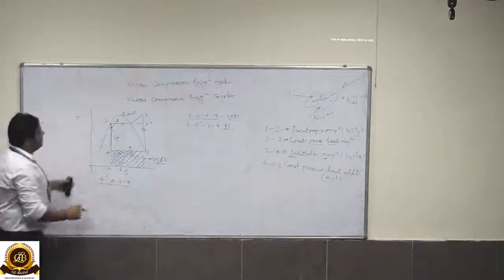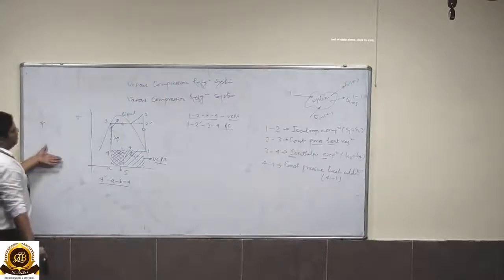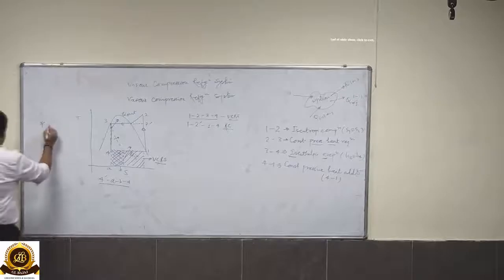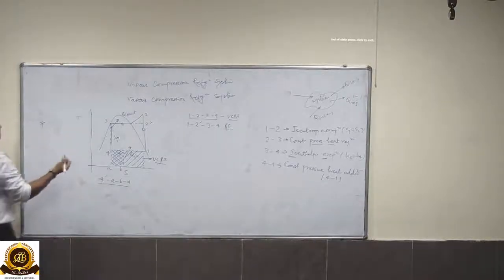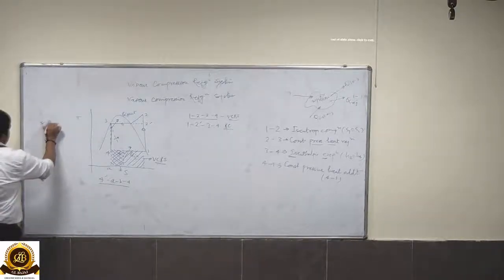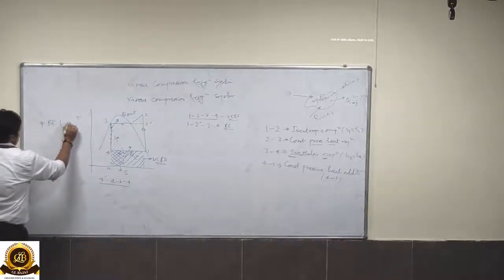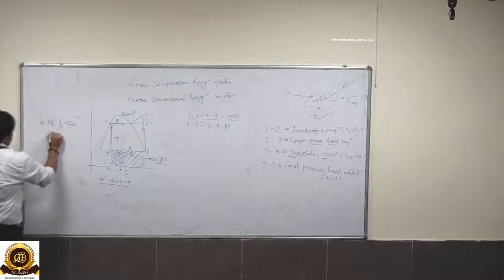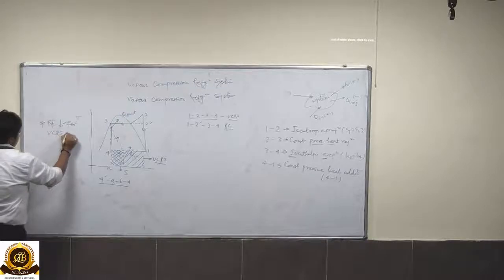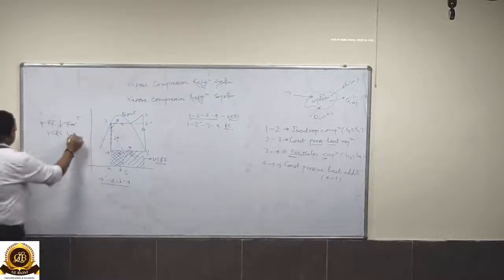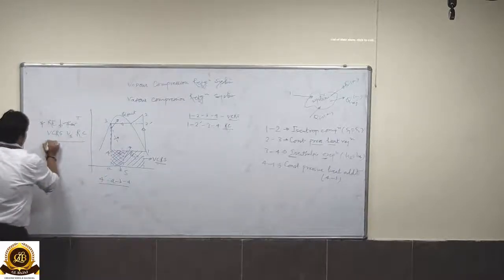So we can see from the TS curve that refrigeration effect decreases in case of VCRS cycle in comparison to the reverse Carnot cycle. Refrigeration effect decreases for vapor compression cycle versus the reverse Carnot cycle.